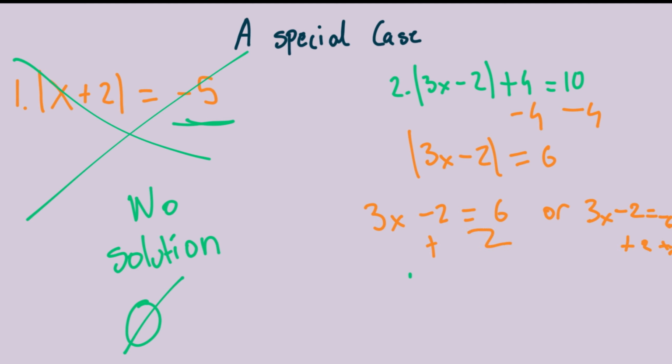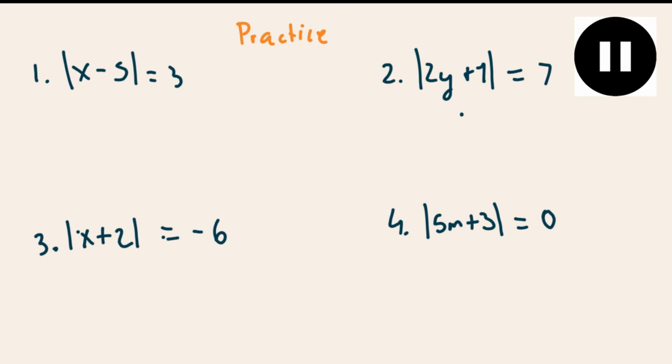So 3x would equal 8, or 3x would equal negative 4. Divided by 3, x would equal 8 over 3, or negative 4 over 3.